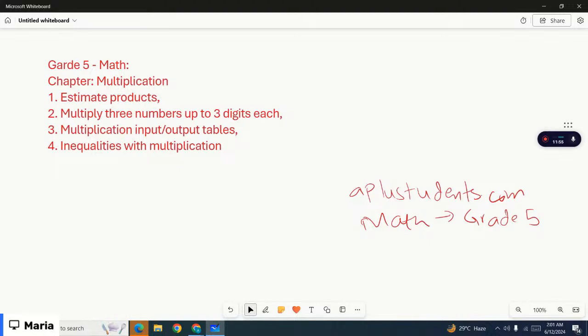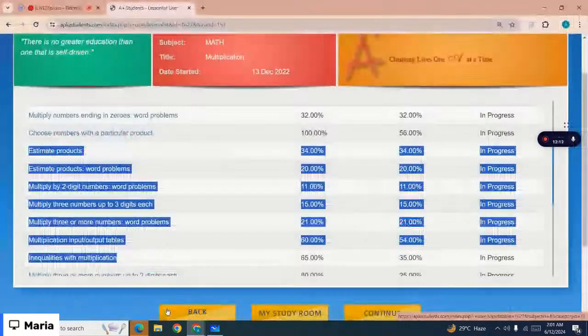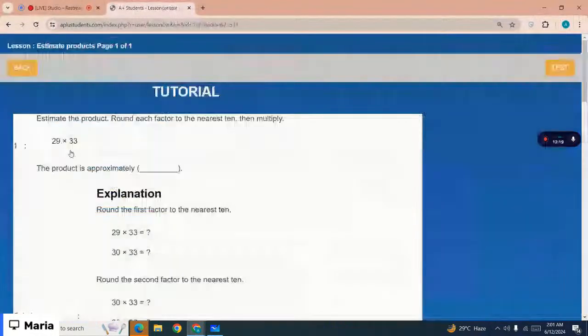So please make sure you have your notebook and pencil so that you can note down the important examples and definitions as well, right? Okay, here I am on grade 5 math. The chapter we are on right now is multiplication. Let's just start with the first lesson, that is estimate products.